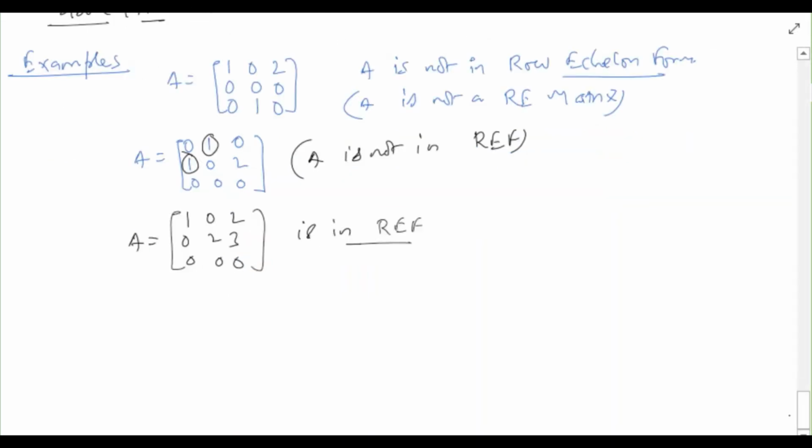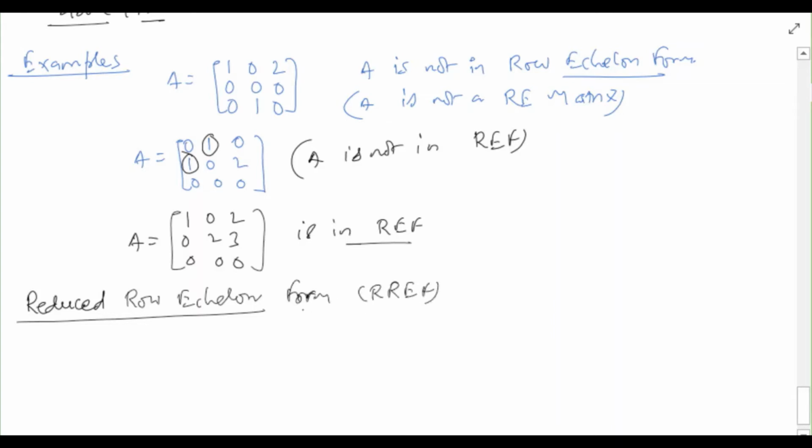Next we will see the notion of reduced row echelon matrices, which are special cases of row echelon matrices. Reduced row echelon form, in short RREF.